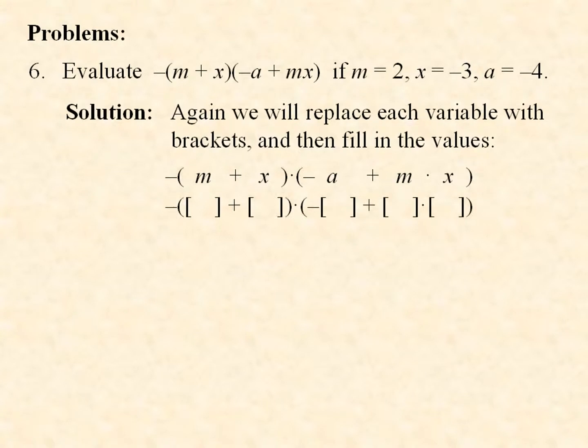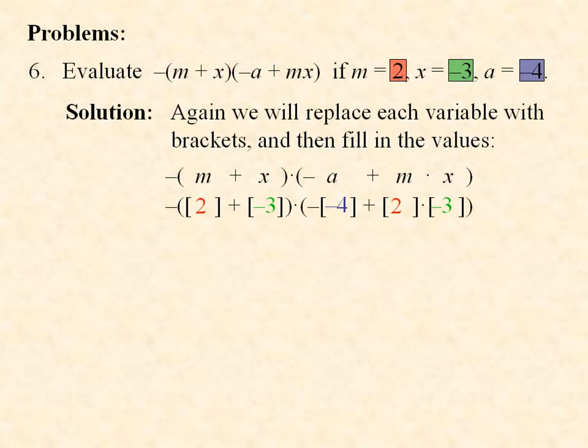So putting the brackets there, now we want to put 2 in place of m. M occurs in 2 places. And we want to put negative 3 in place of x. That also occurs in 2 places. And then negative 4 in place of a. So this is what it looks like.